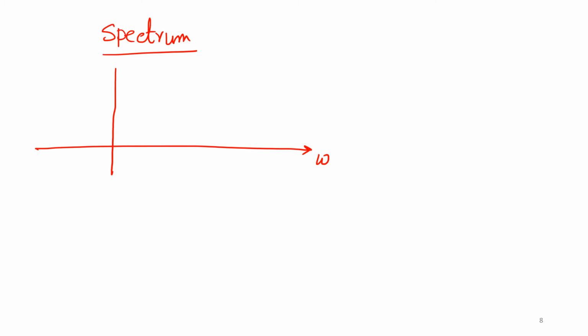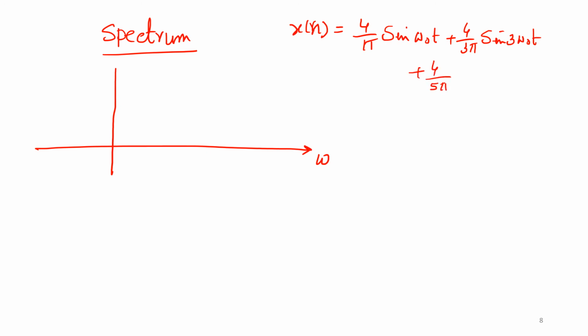Now, we have already considered that x(t) in this form is 4 upon pi sine omega naught t, 4 upon 3 pi sine 3 omega naught t, plus 4 upon 5 pi sine 5 omega naught t, like that.